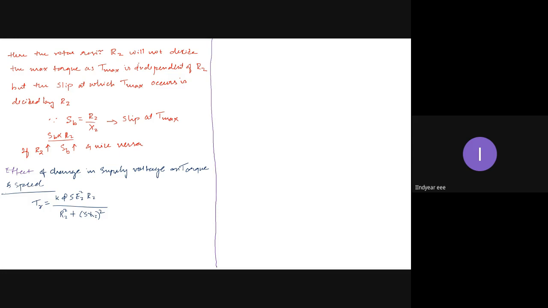Sorry, it is R2, not R2 square, in the numerator. Also, it is not E2 square, it is E2, if I take phi. If I don't take phi, it is E2 square. Or I can write this as K1 S E2 square R2 divided by R2 square plus S into X2 whole square.